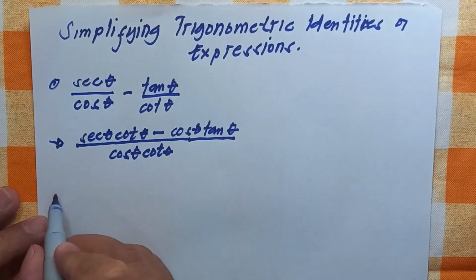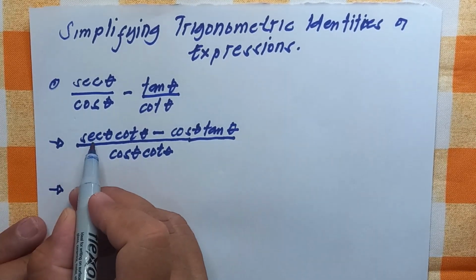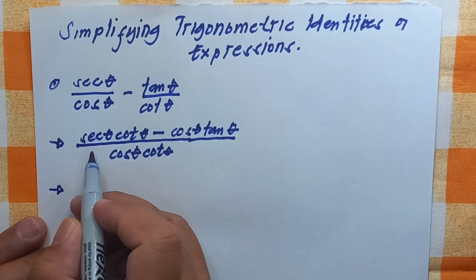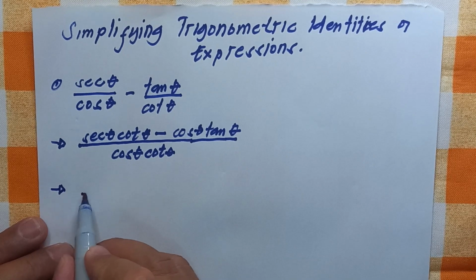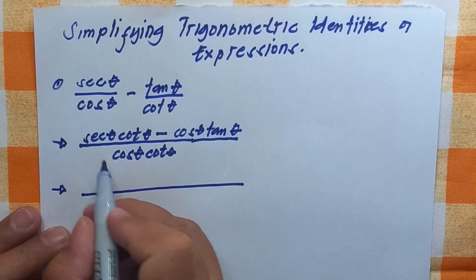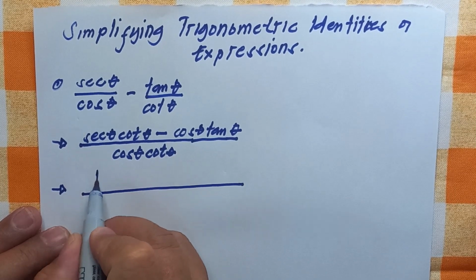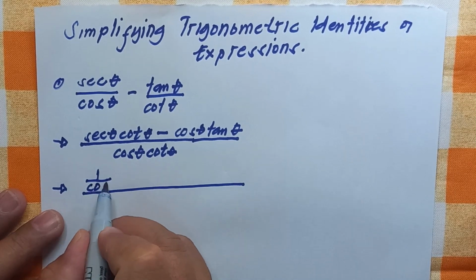Now after this one, we are going now to convert every expression into its definition in terms of sine and cosine. So the next thing that we are going to do is, what is the definition of secant in terms of cosine and sine? Secant theta is the same as 1 over cosine theta.